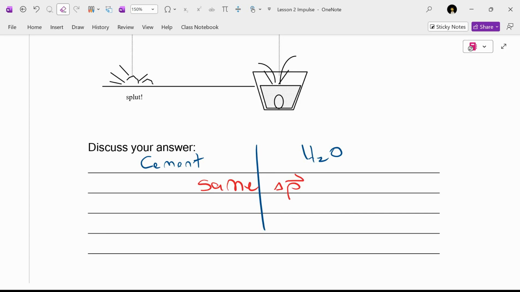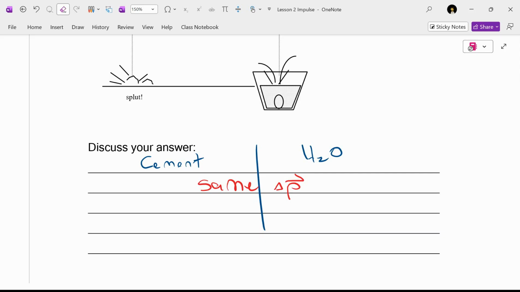Why does the egg survive then if they have the same change in momentum? Okay, give me the version of impulse that has a T in it, please. It doesn't say F equals, delta P equals. Give me the version on your formula sheet. There's one version that has a T in it and another letter.